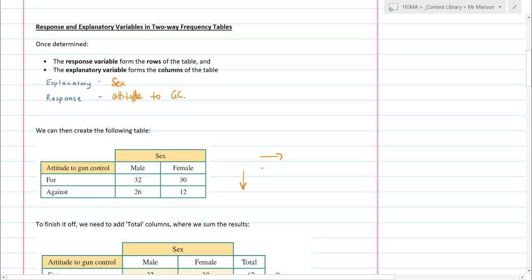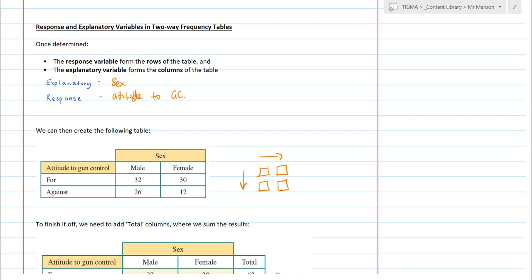So it creates 4 or more cells here that represent bivariate data. So for example, this cell here has 26 people in it, and those 26 people are males who are against gun control. So it's creating that. Each number now represents the response on 2 variables, not just one. And that's why it's called a two-way table.